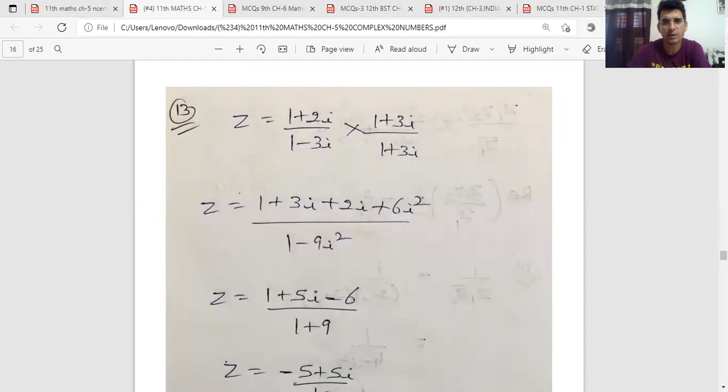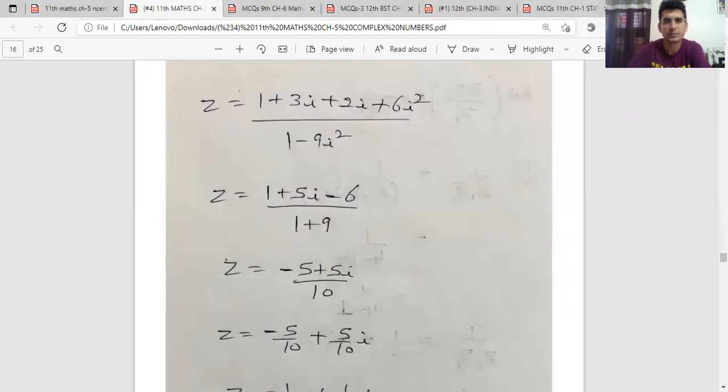What we will have? 1 ones are 1, 1 into 3 iota plus 3 iota, plus 2 iota, plus 3 iota into 2 iota, 6 iota square. A minus b, a plus b, that is a square minus b square. 3 iota square, that is 9 iota square. 1, 3 iota plus 2 iota, that is 5 iota.